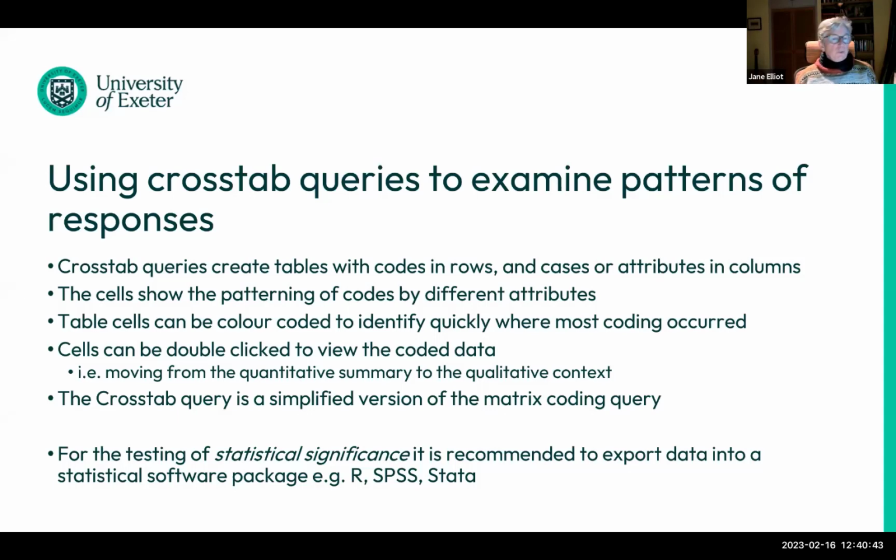And for those of you who've got a long history of using NVivo, and I'm sure there's some of you out there who've done a lot of NVivo in the past, the crosstab query is basically a matrix coding query. So it's not wrong to use a matrix coding query. It's just that the crosstab query is a simplified version. It makes it much simpler to do your particular piece of analysis, and much quicker and easier to do it.